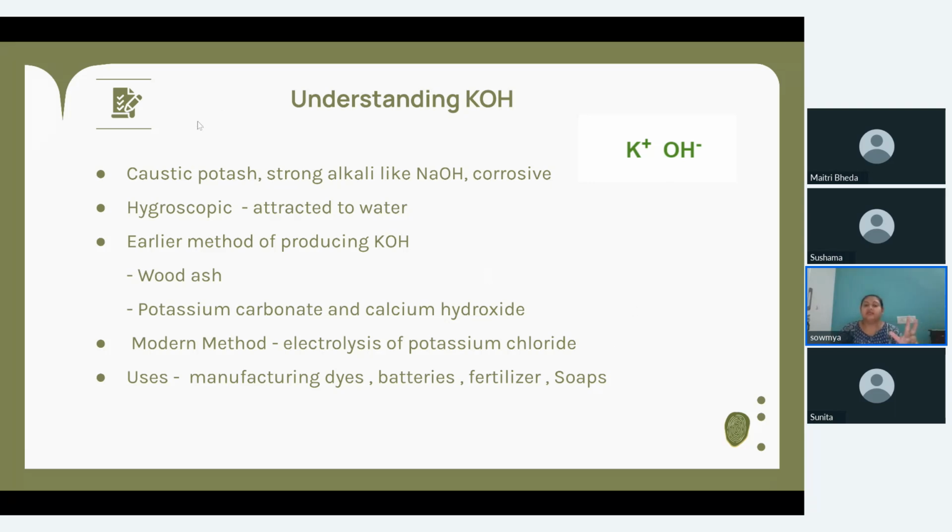And also in the making of fertilizers, you know that plants need a lot of potassium and nitrogen for their growth. So to make the fertilizer, we use potassium hydroxide as one of the components. And of course, for making soaps, we use potassium hydroxide.